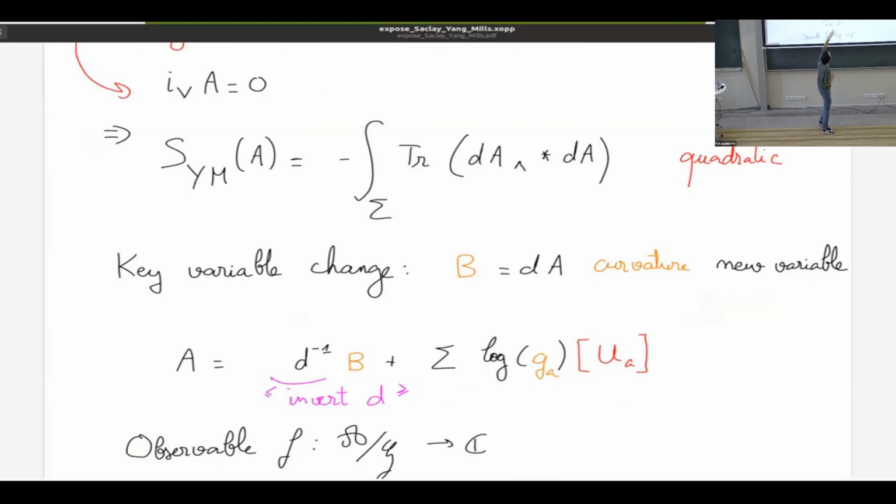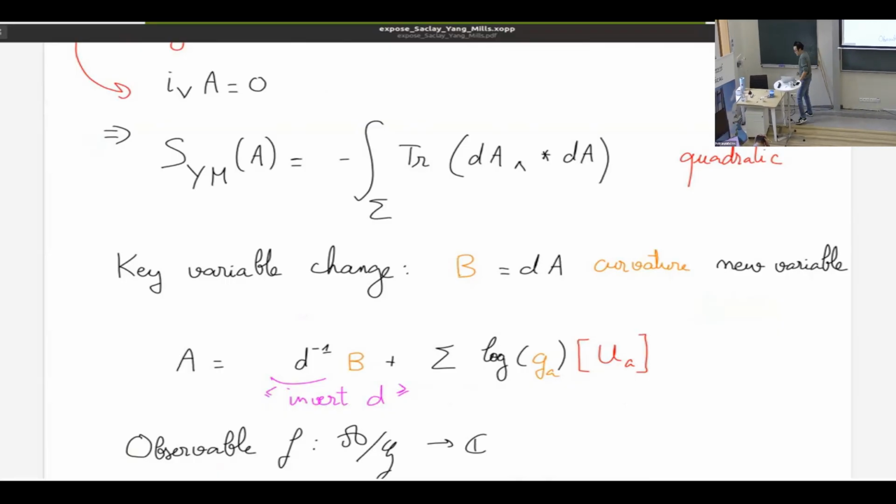So what we are going to do is introduce a change of variables. Maybe let me use the blackboard to do this change of variables here. You want to give a meaning to this functional integral.